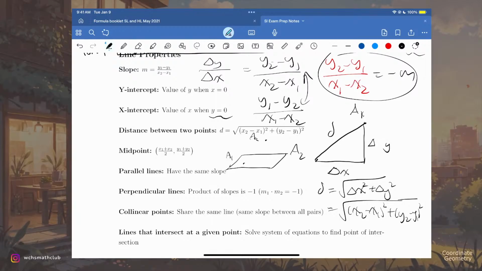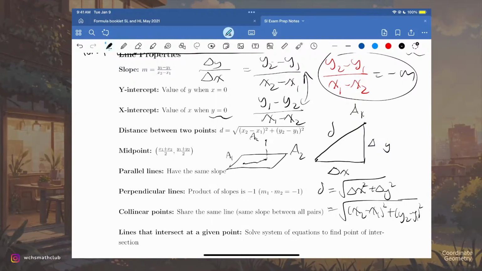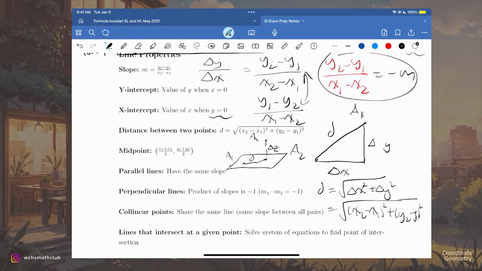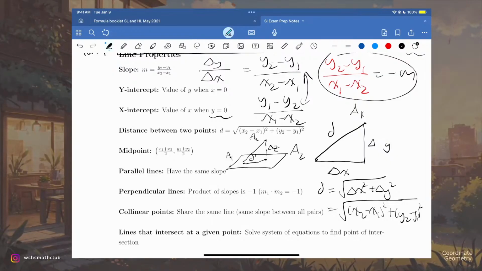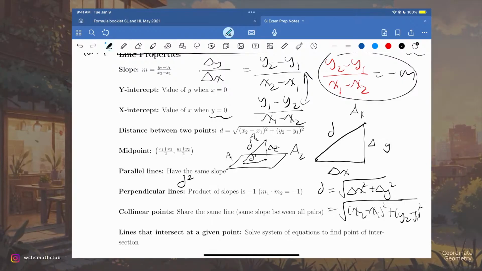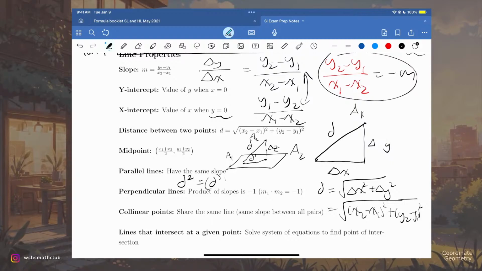If we project A2 onto this like flat plane, then this distance here is d dash. This distance here is delta z, right? So we use Pythagorean theorem. We'll call this d dash, because this is not actually the d we're trying to find. This is d. So we have d squared equals d dash squared plus delta z squared.